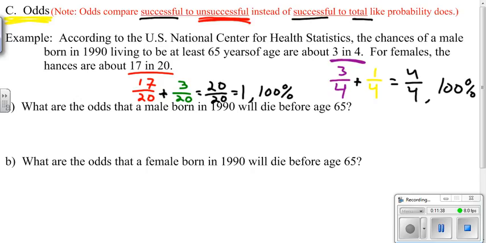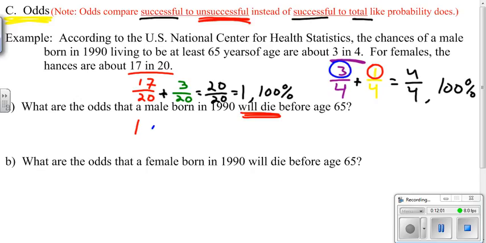So these ones are kind of tricky because if it's asking will die, that means our successful is the die. And we said that would be 1 out of every 4. So we would say 1 will die, and our unsuccessful then would be if you live. That would be our quote-unquote unsuccessful statistic, and that was 3.